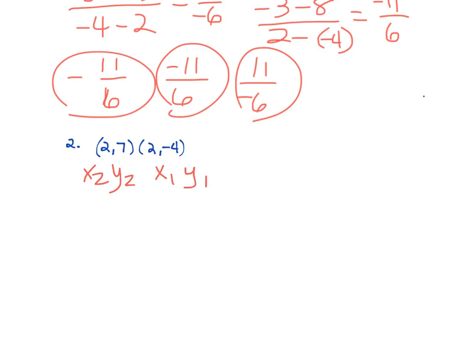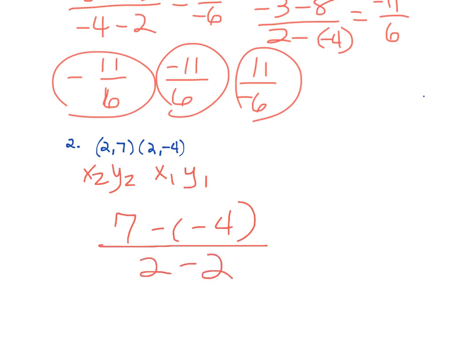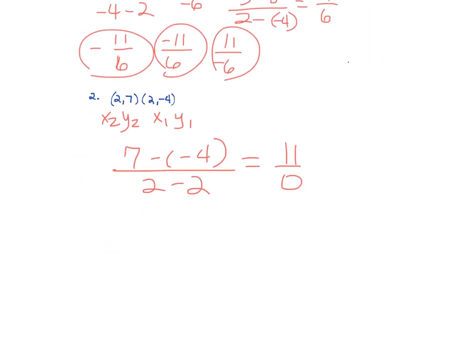Again, it doesn't matter. So 7 minus negative 4 divided by 2 minus 2. I get 11 over 0. Again, you should be able to tell me that this means this slope is undefined. When the 0 is in the denominator, it's undefined.